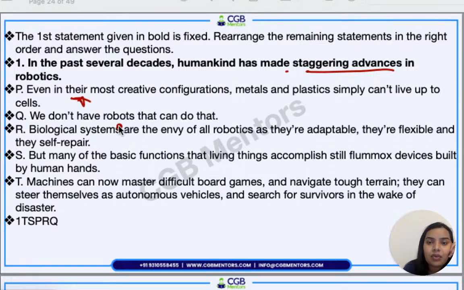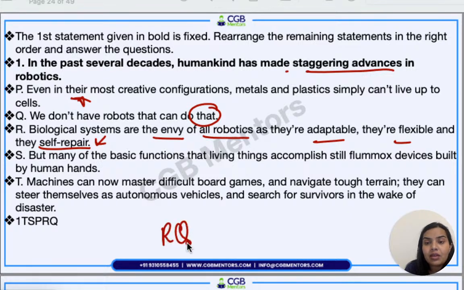We don't have robots that can do that. That is understandable. Which one is the second 'that'? Biological systems are the envy of all robotics as they are adaptable, flexible, and they self-repair. We don't have robots to replicate self-repair. So R followed by Q is a strong pair.